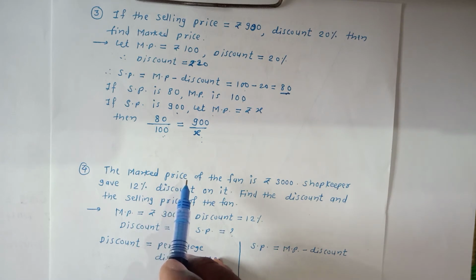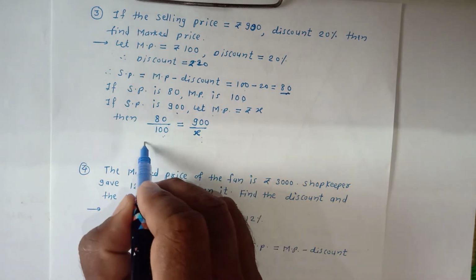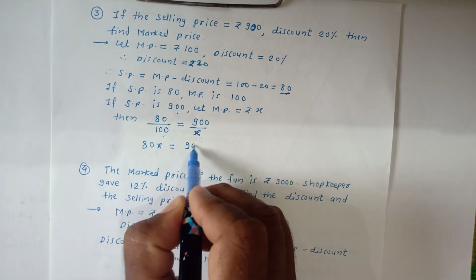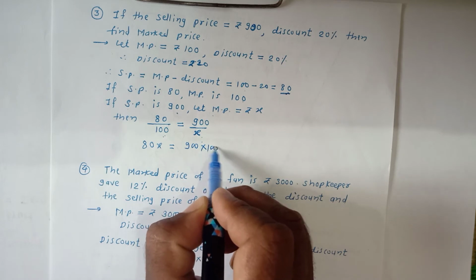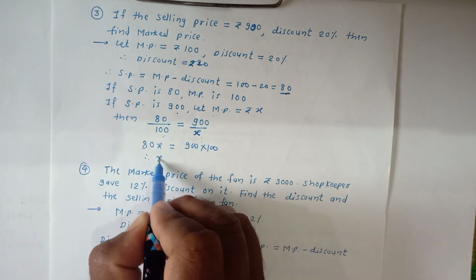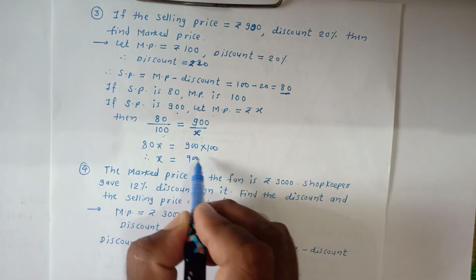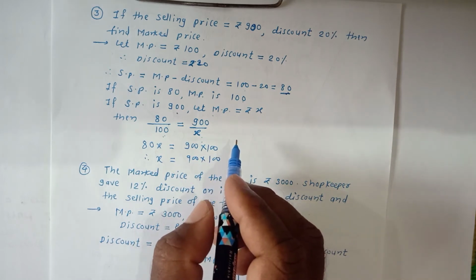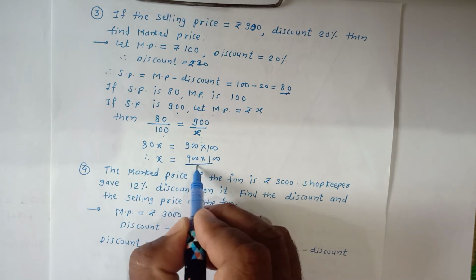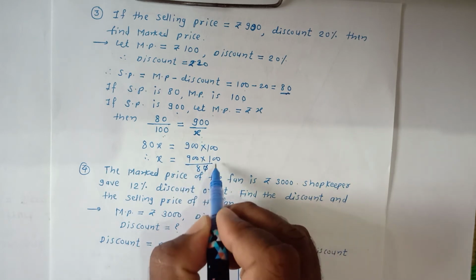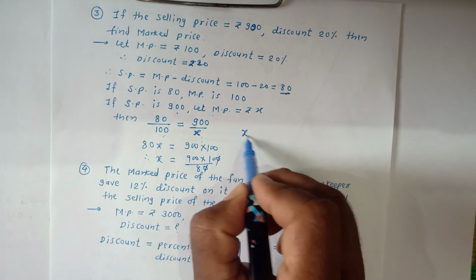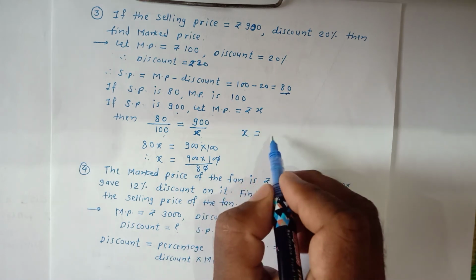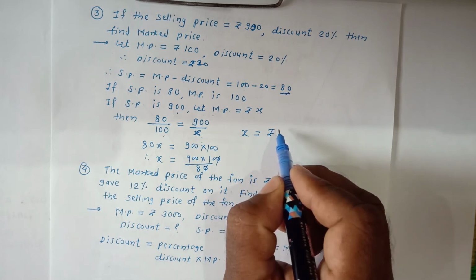So let's solve this example. Cross multiplication: 80 into x is equal to 900 into 100. Therefore x is equal to 900 into 100 upon 80. Upon 80, this will get cancelled.